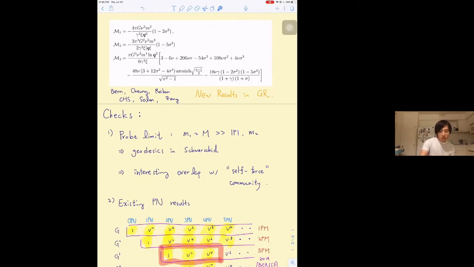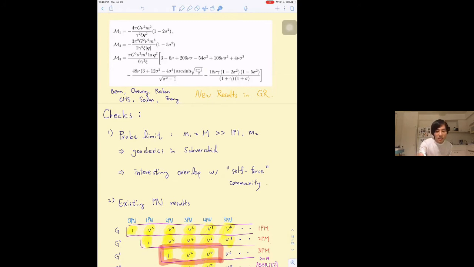However, for two loops it's not the case, because for this nu dependent term we cannot fix it using just the Schwarzschild limit. In particular, there's a very interesting function that appears with this nu factor. It corresponds to the first small mass correction in this probe limit.